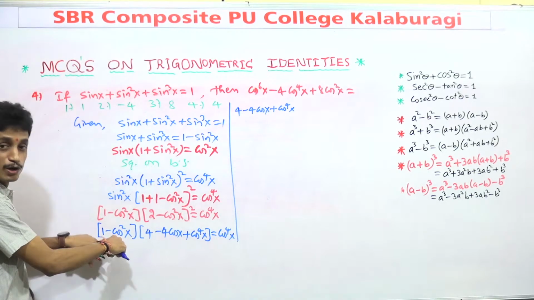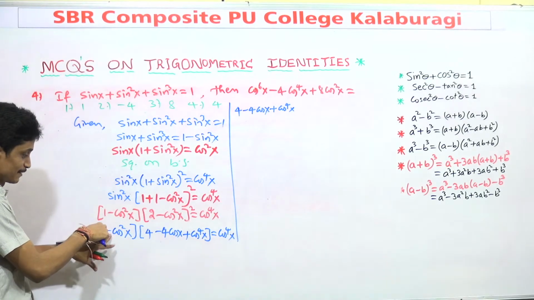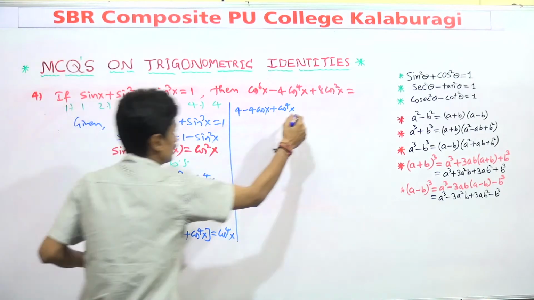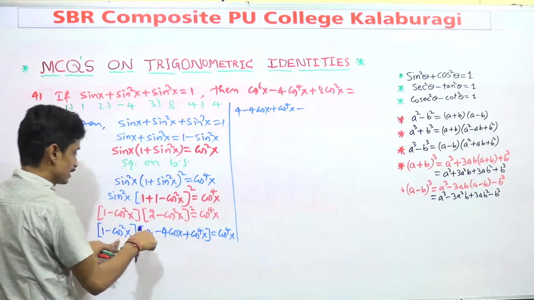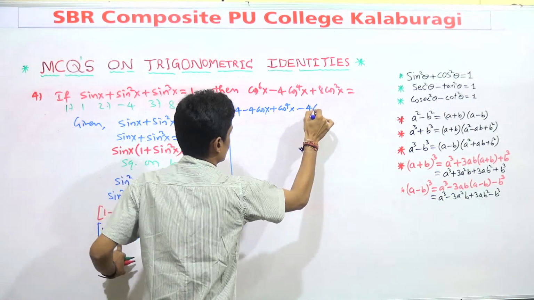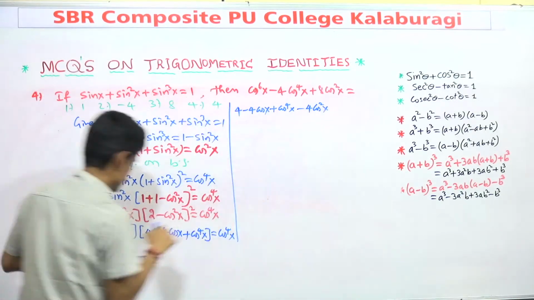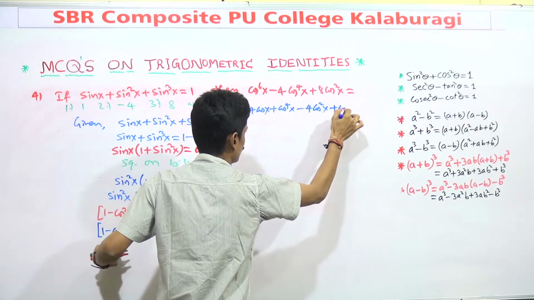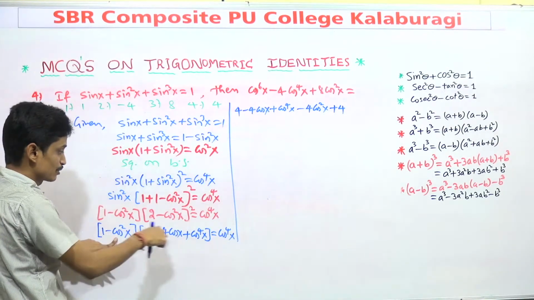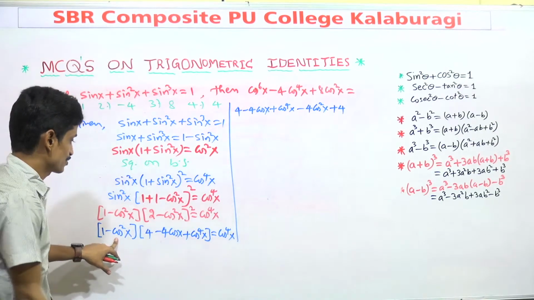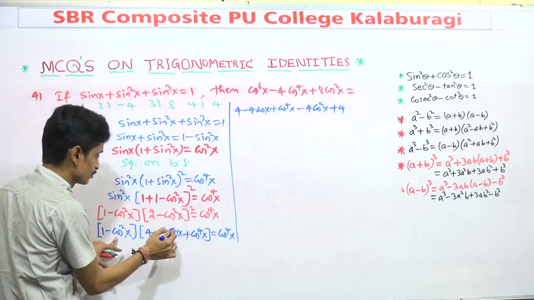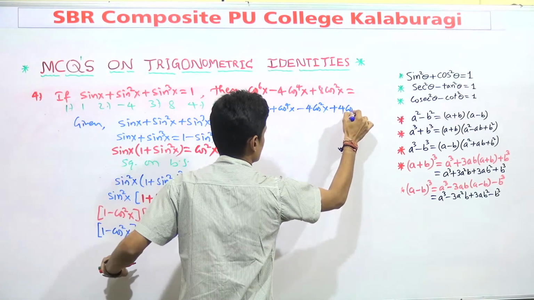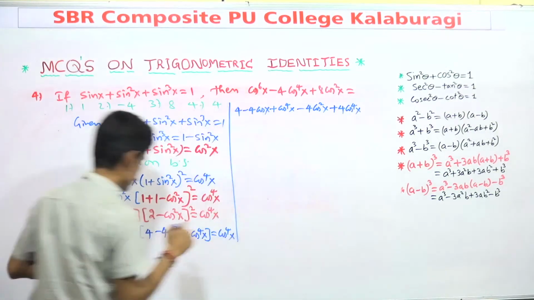Now the round for cos square with minus sign. First we focus on the symbol: minus into plus is minus, and cos square into 4 is 4 times cos square x. Go to second term, minus into minus plus, that is 4 times cos square x into cos x. Here something is a mistake, no? 2 times of cos square term. Cos square x into cos square x is how much? That is cos power 4x.